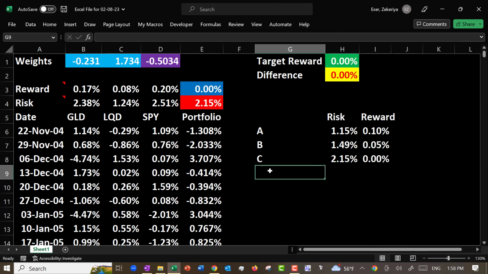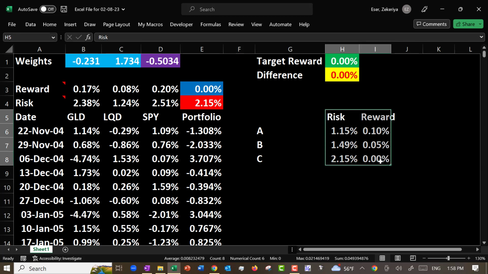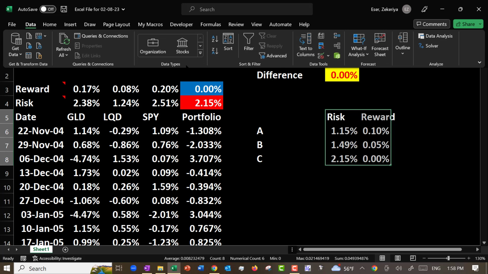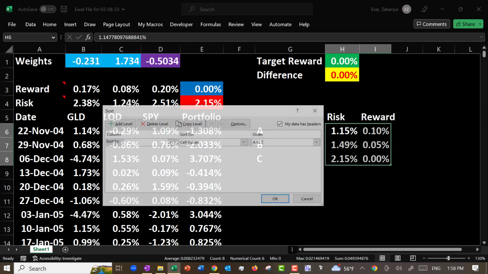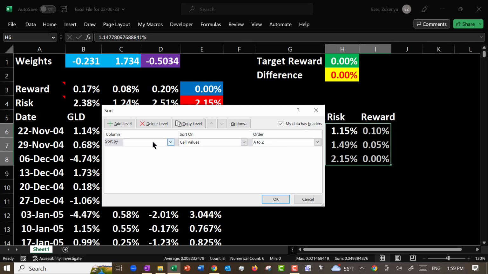Okay. For other purposes, I'm going to actually sort these things. Data, sort. I have headers. I want to sort them by reward, smallest to largest.